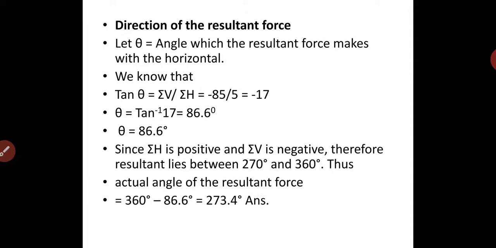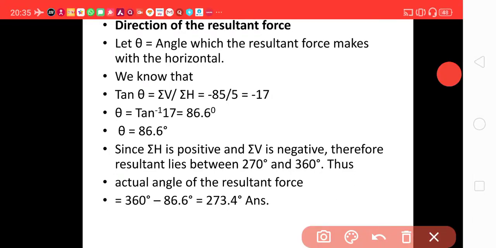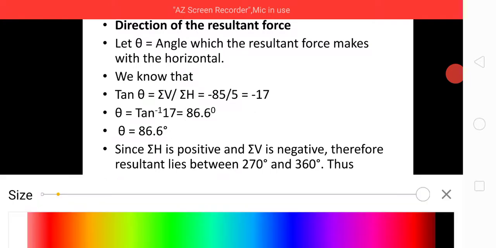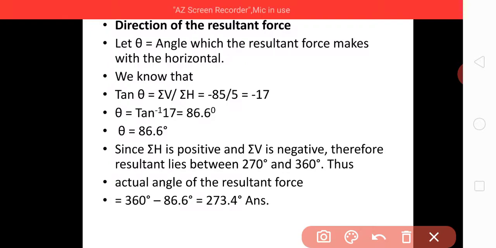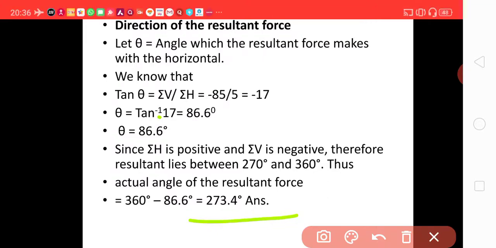Then theta is equal to tan inverse minus 17, the minus is missing, which comes out to be 86.6. So, theta is equal to 86.6. Since summation H is positive, summation V is negative, therefore, the resultant lies between 270 and 360 degrees. Thus, the actual angle of the resultant force will be 360 minus 86.6, that is 273.4 degrees.